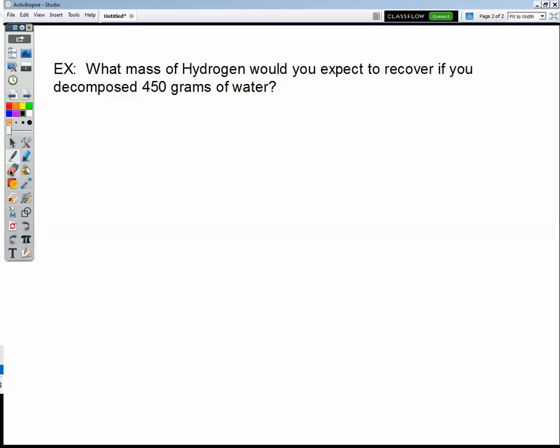So the first thing that we need here is the percent composition of water in terms of hydrogen and oxygen. We've done this before, so I'm not going to do it again, but the percent of hydrogen in H2O is about 11.1%, which means that the percent of oxygen is 88.9%.